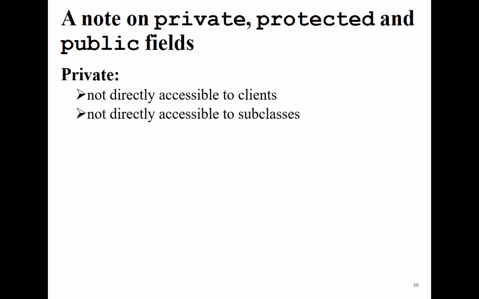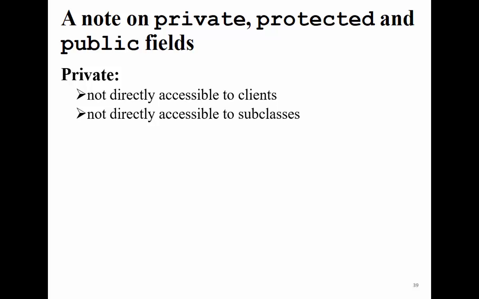Now, public fields allow the client to access the field immediately. What about protected? It's a new thing. Let us see. With private, there is no direct access for the client and no direct access for the subclass. So if you have fields inside your superclass and these fields are private, the subclass cannot access them.